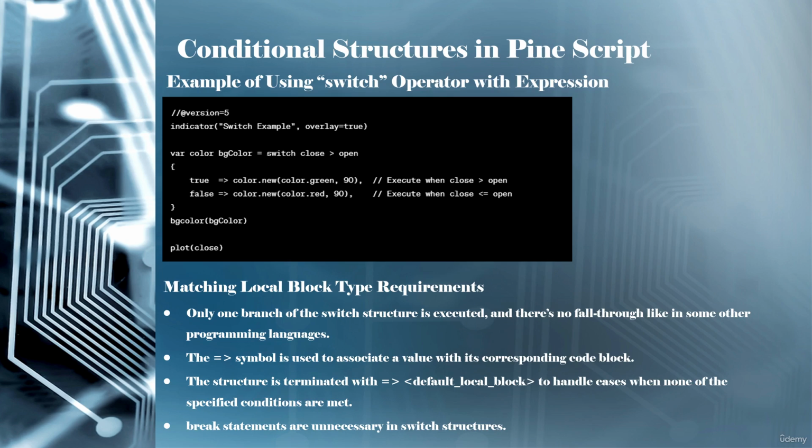There are some important rules also to remember. Only one branch of the switch structure is executed, and there is no fall through like in some other programming languages. This arrow symbol is used to associate a value with the corresponding code block.